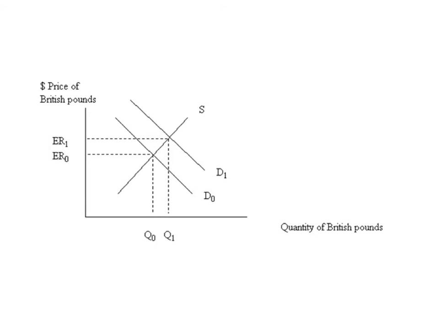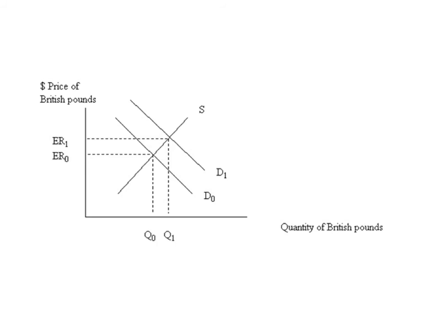In order to buy those British financial assets, investors in the United States first need to acquire some pounds. They need the pounds to buy the British financial assets. That's why there is a rightward shift in the demand curve.